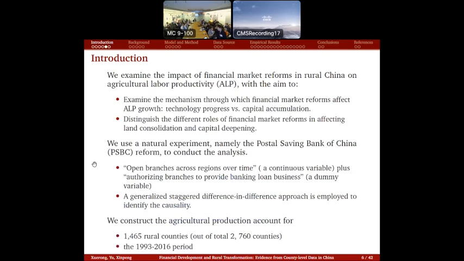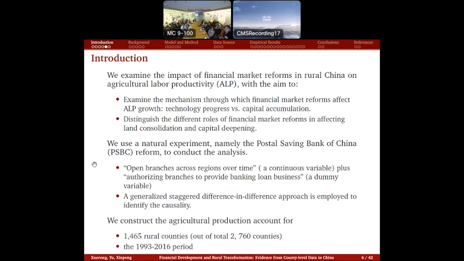So in this paper, we are going to do several things. The first is to examine the impact of rural financial markets on ALP, with two particular aims. The first is to examine the mechanism behind it, particularly technology progress and capital accumulation.